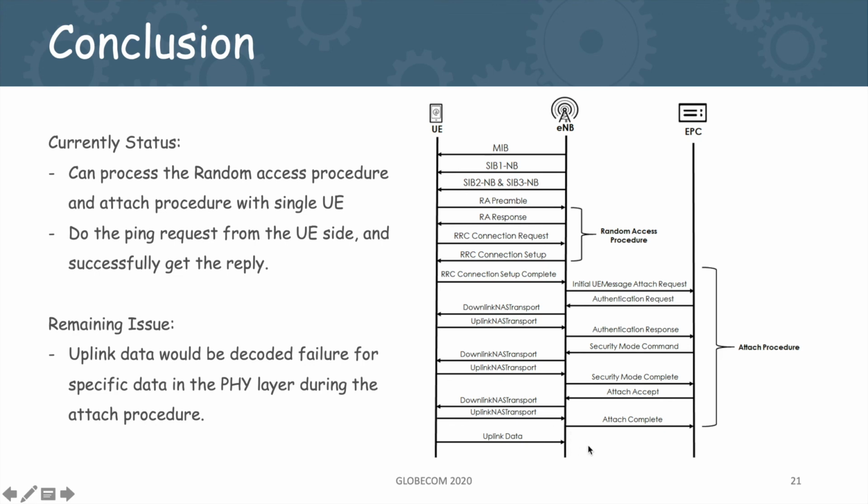Here, we use a hardcode to solve this problem, but we still have to solve it without using the hardcode, because after the attach procedure the UE should send data to the base station. If the data size is too big, it also has decode failure, so it will be a problem in the future. So this issue we're still working on.